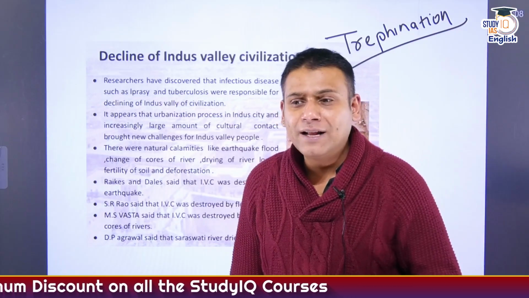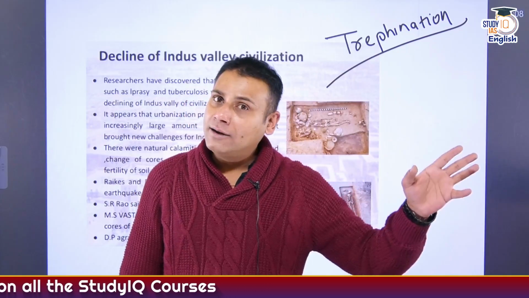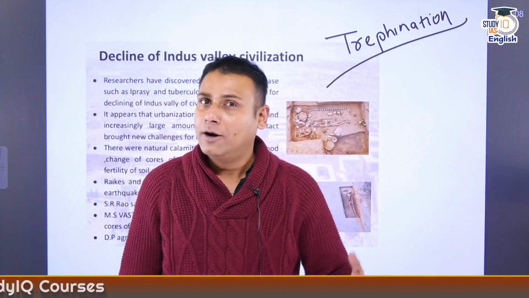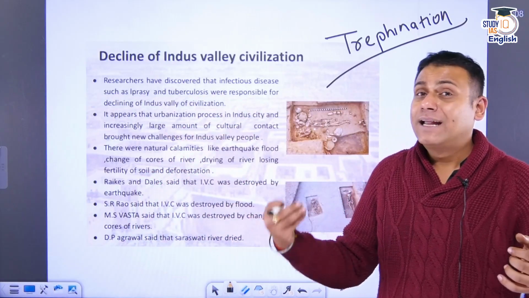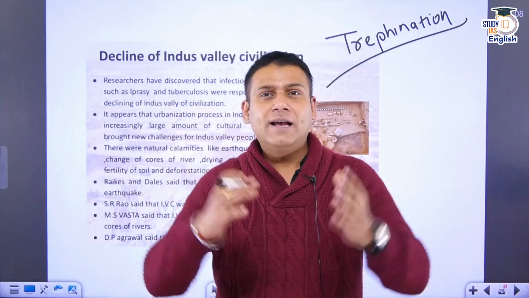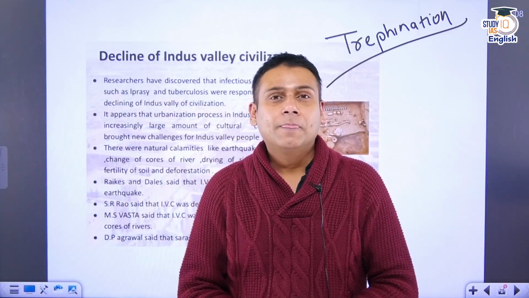And that practice is referred as trephination. By using local herbs at that time, various diseases like migraine and different mental disorders were cured. So we can infer that to an extent these people were scientifically aware. The period of Indus Valley civilization is also referred as first urbanization phase.